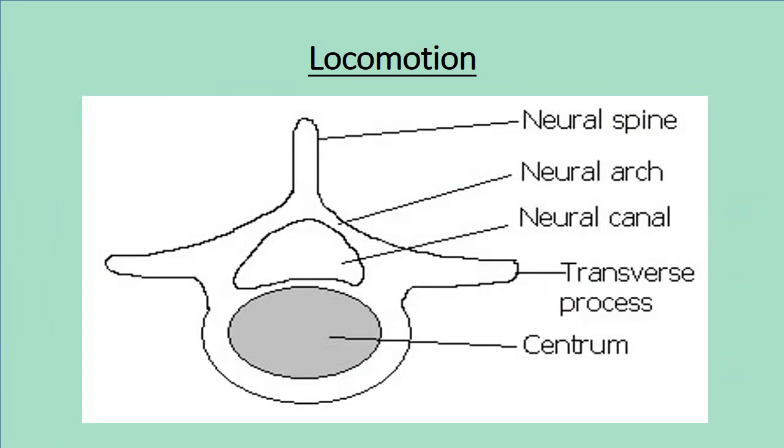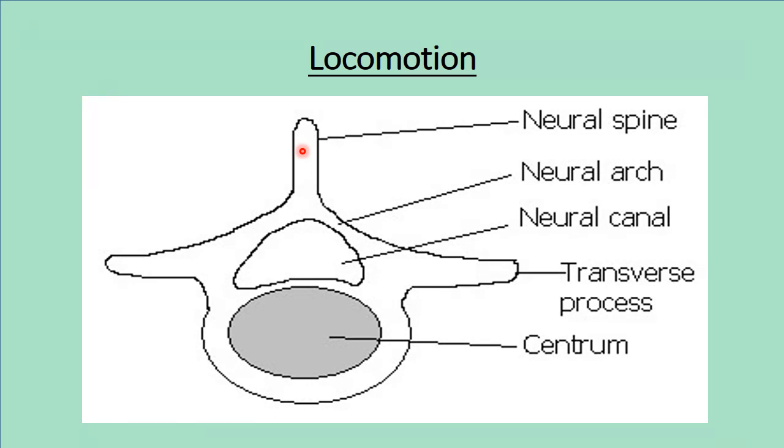So this is the general structure of a vertebra. It is made of this part here, which is called a neurospine. This part is used as an attachment for muscles and ligaments. Ligaments, you are going to understand them in the next video when we'll be talking about muscles.